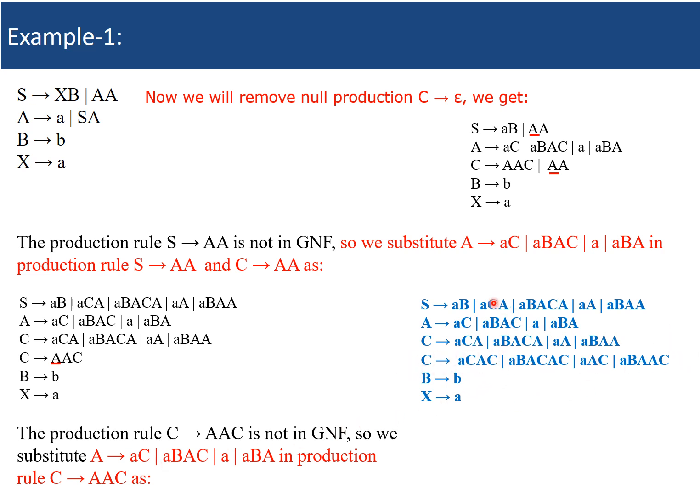Now you can look at all this form in S, A and C. Again C has two rules, and these two are already in GNF. So now all the productions are in GNF form.